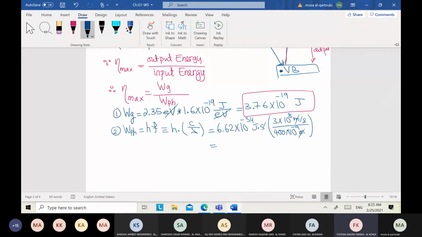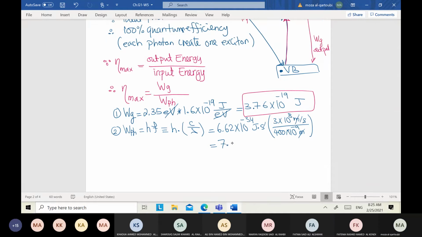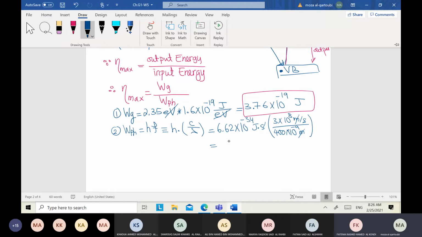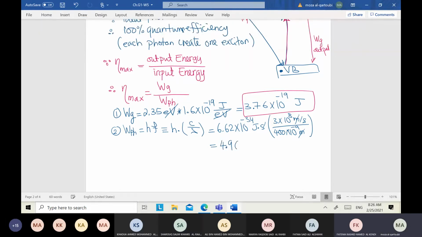Greater. Okay, so this is the energy of photon.